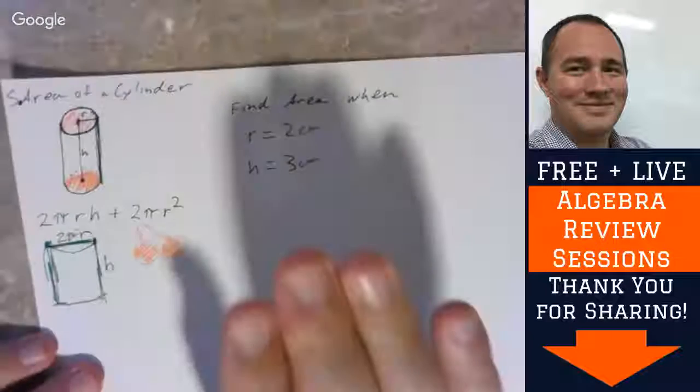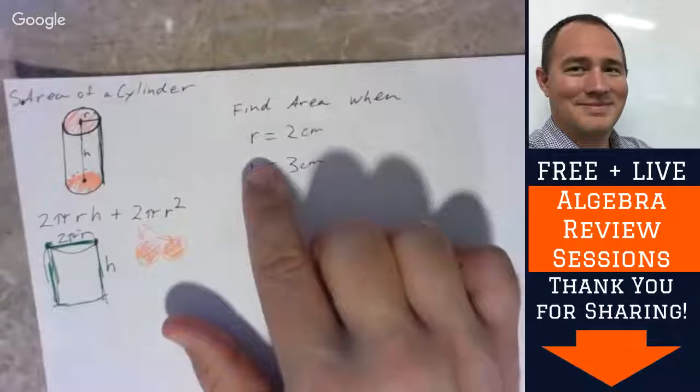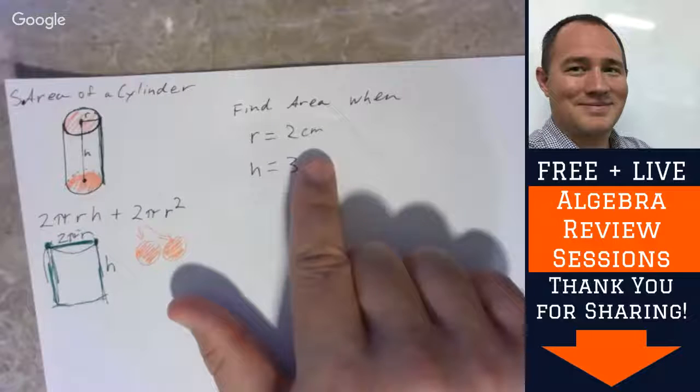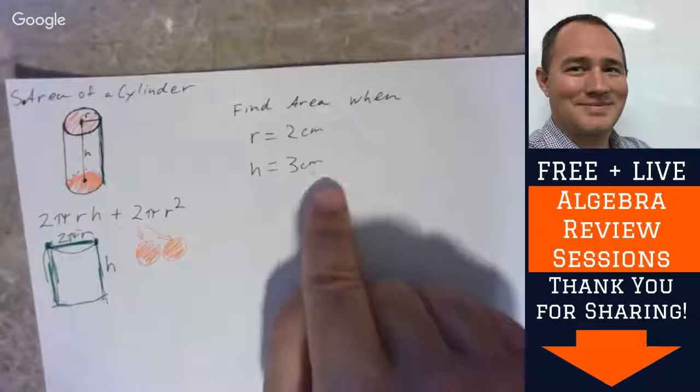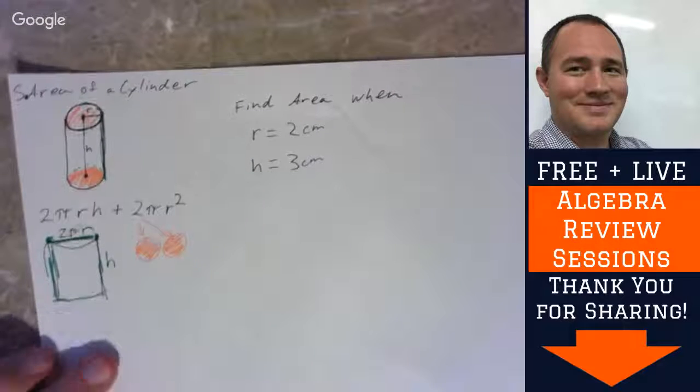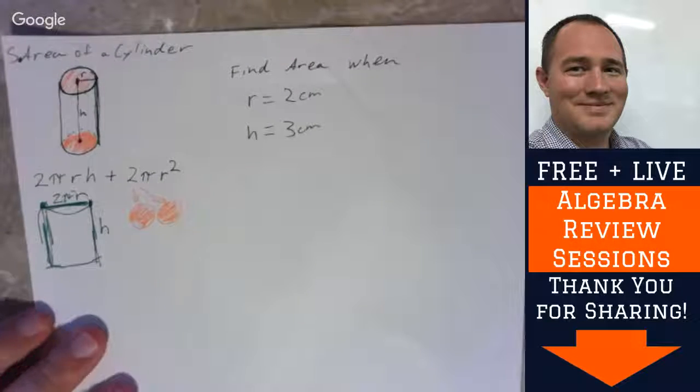And let's go through a quick example where the radius is 2 centimeters and the height is 3 centimeters. So let's do a quick calculation to practice this.